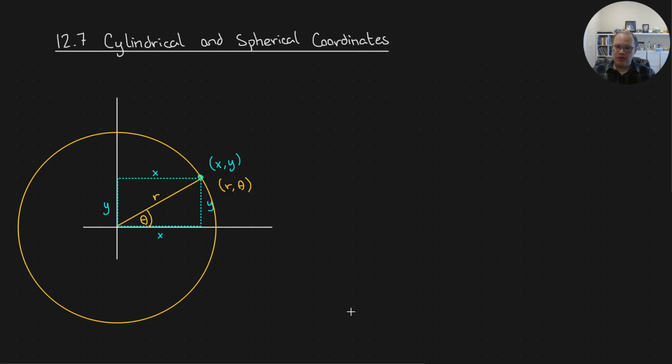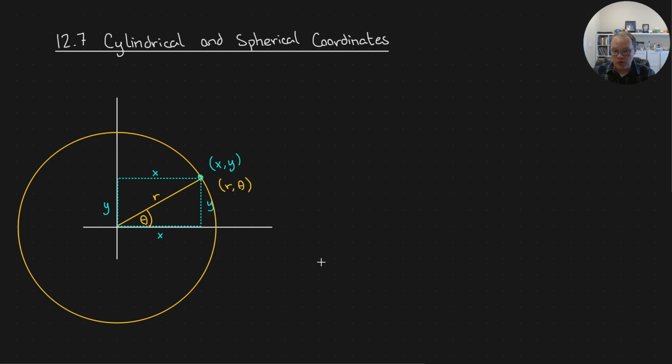In this section, we're going to take these ideas that we're already familiar with, and we are going to extend them to 3 dimensions. And we're going to have a couple new coordinate systems to allow us to describe behavior in 3 dimensions. It's the cylindrical coordinate system and the spherical coordinate system. Okay. Now, before we jump into that, it will be important for us to remember and review the polar coordinates.